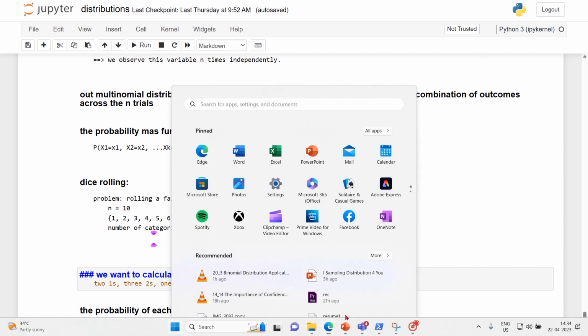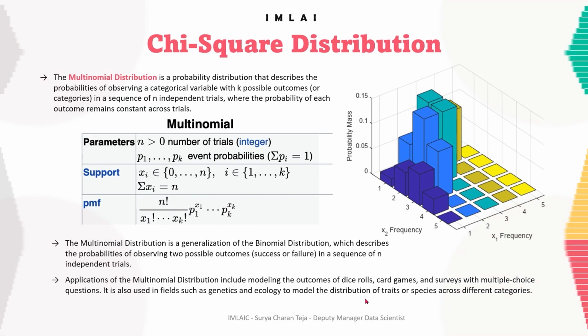So a multinomial distribution is a generalization of the binomial distribution, which describes the probability of observing two possible outcomes in a sequence of independent trials. Here we describe the probabilities of observing various combinations of the categories in categorical variables in a sequence of n independent trials.